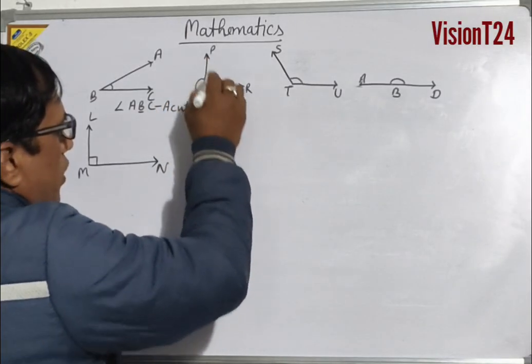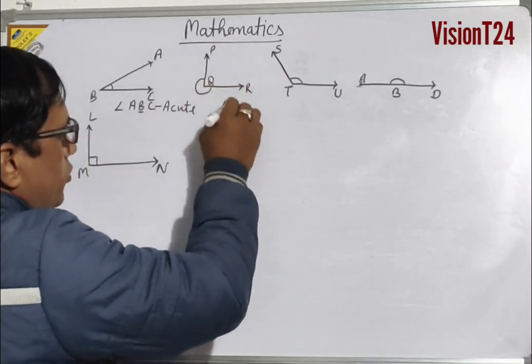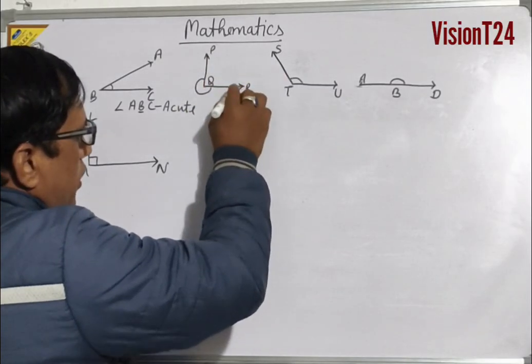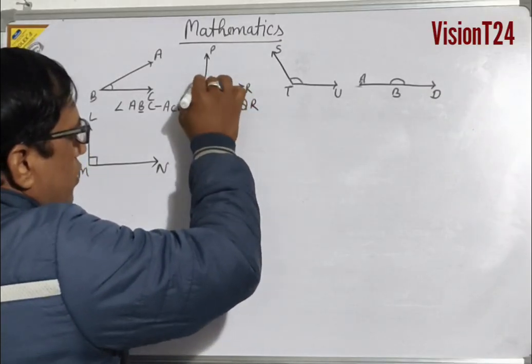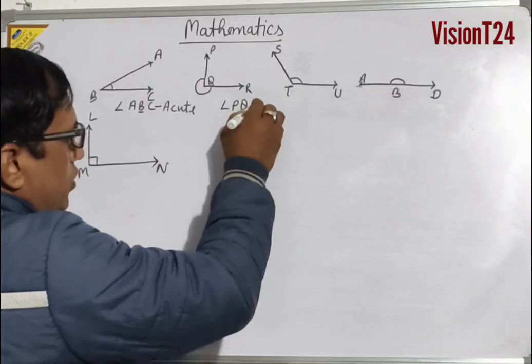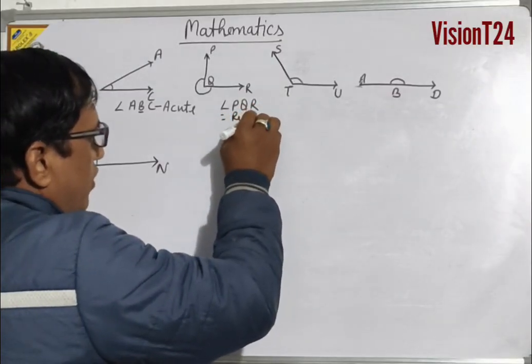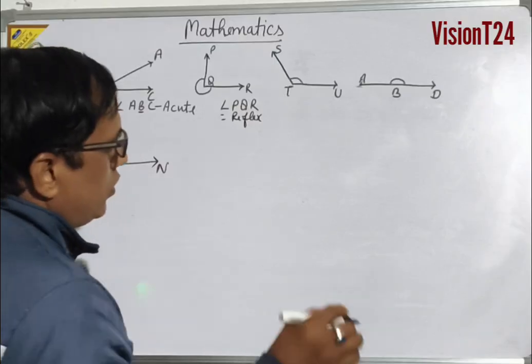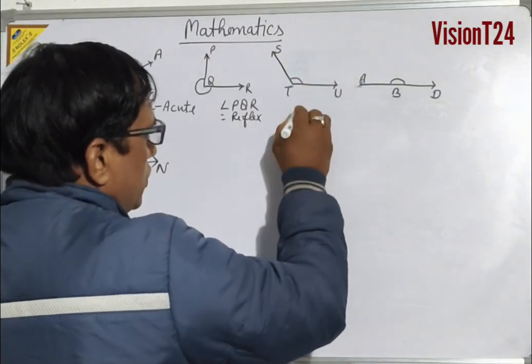Second one, angle PQR, this point is Q. What type of angle is that, more than 180? That will be called reflex angle.